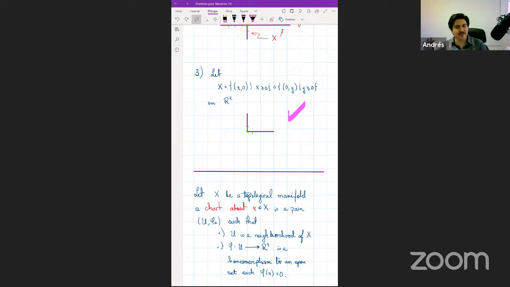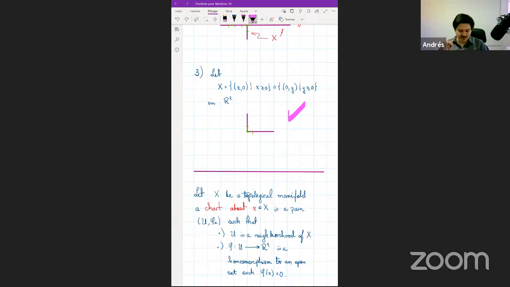This is the same thing that we had before, I just put it a name. A chart about a point X is a neighborhood of X and a homeomorphism to Euclidean space. Okay? So there's nothing new. I'm just putting a name, something that we had before.